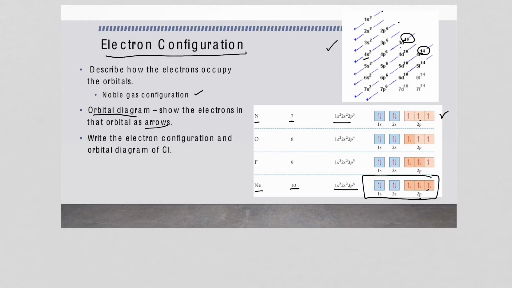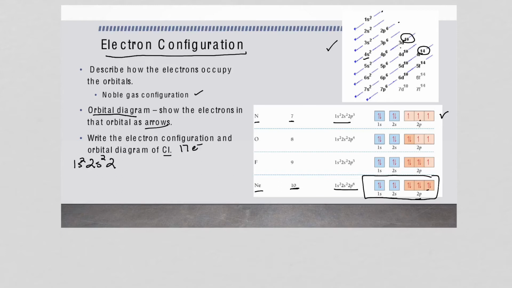So let's draw this out, and we'll do chlorine as an example. If we look at the periodic table, chlorine is element 17. So it's going to have 17 electrons. And we can write this out. If we follow along on the periodic table or with our chart, we're going to fill up the 1s, 2, then we're going to go to the 2s, and we're going to have 2.